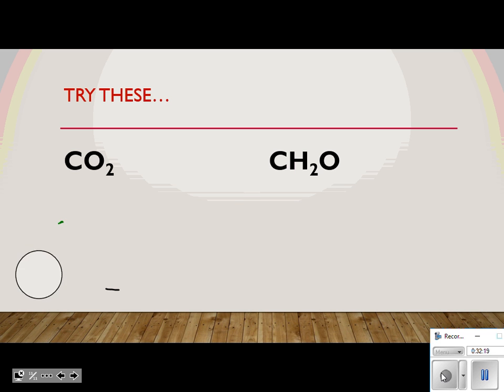Now, on our final one here, okay, once again, I'm going to build off of my carbon. Okay. I look at that, I say, okay, I have oxygen. So let me put an oxygen here, just single bond it. Now, I have 2 hydrogens left, right?